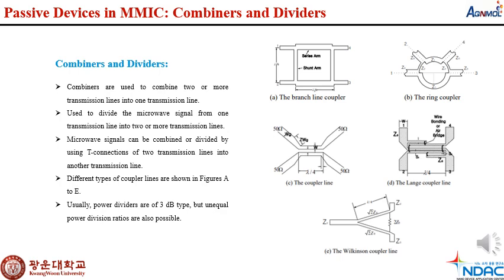Another important characteristic is that the microwave signal can be combined or divided by using a T connection of this transmission line into another transmission line. Different types of coupler lines are shown in figures A to E. Usually power dividers are of the 3 decibel type, but unequal power division ratios are also possible.